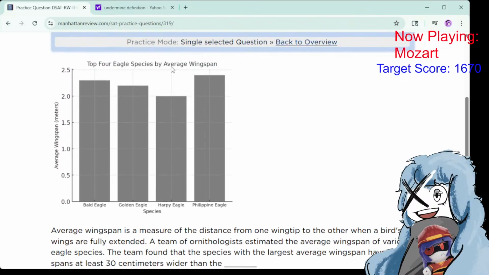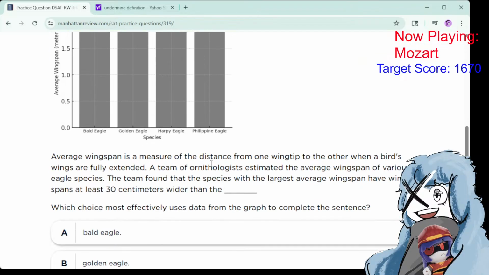Top 4 eagle species by average wingspan. Philippine eagle has the highest wingspan, followed by bald eagles, golden eagles, and harpy eagle. Average wingspan is measured as the distance from one wingtip to the other when the bird's wings are fully extended. A team of ornithologists estimated the average wingspan of various eagle species.